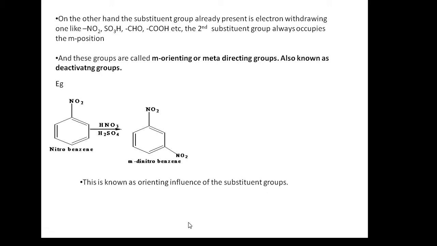This therefore may be known as the orienting influence of the substituent groups. Now this orienting influence should be discussed with the help of electronic effects under the heading electronic interpretation for orienting influence. Let us take the first case of meta directing influence. Here ring deactivation also we should discuss.